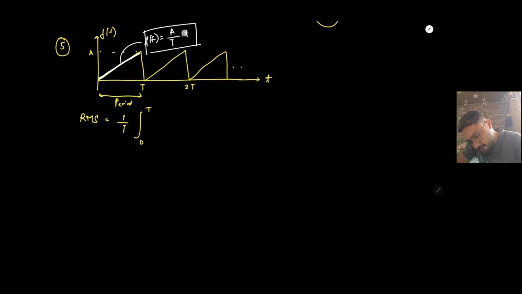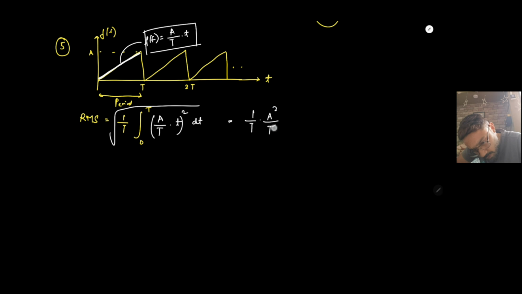This was the equation of the function from 0 to T. So we can write it as (A by T) t, dt, whole square, and A square by T square, integration of t square dt from 0 to T.